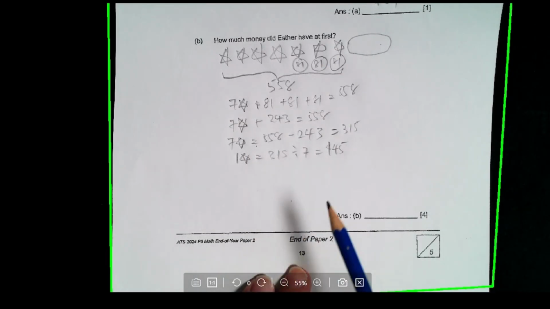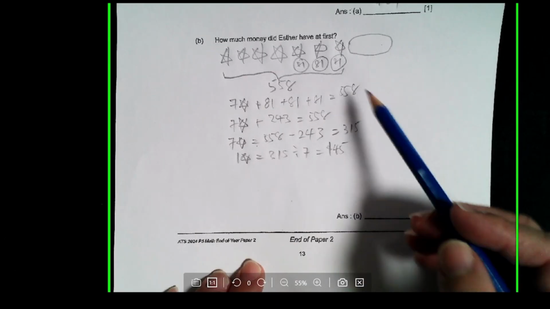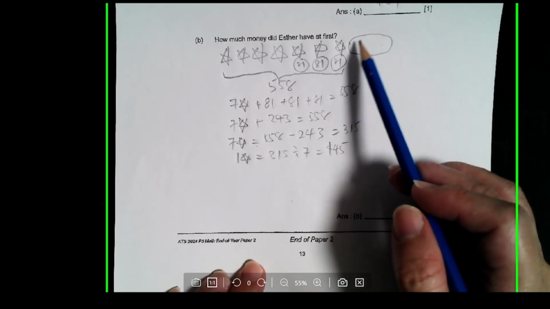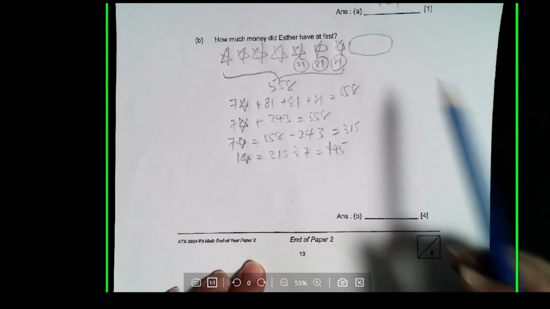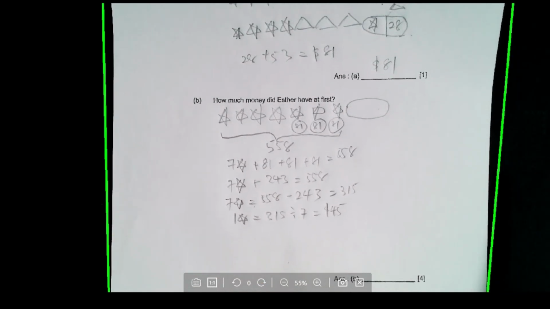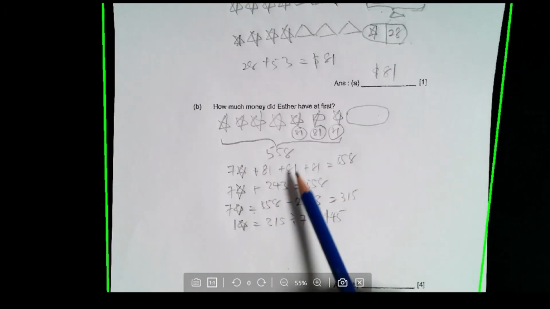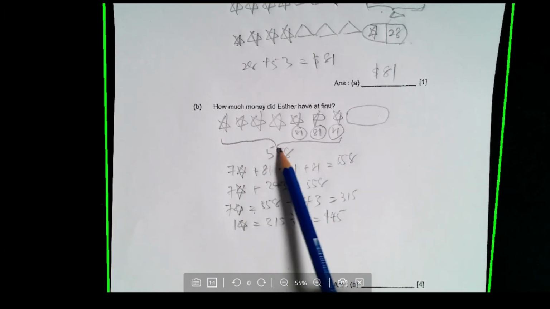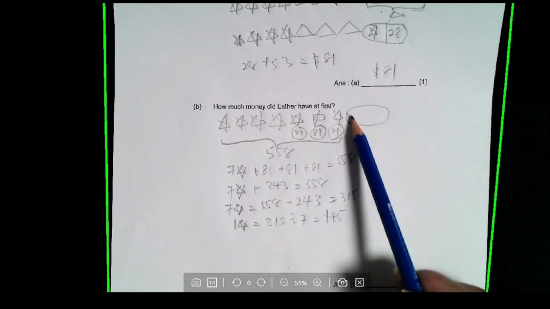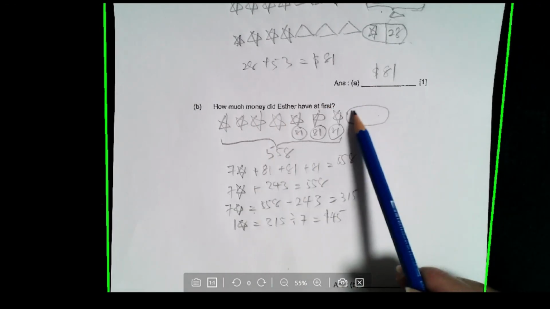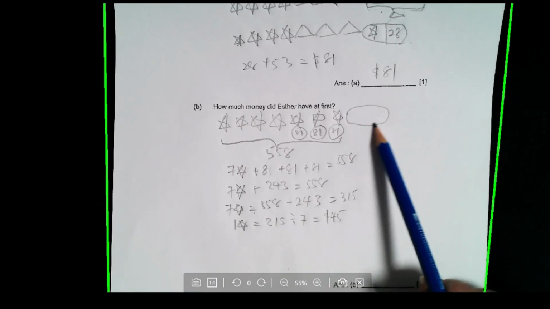This amount of money, the remainder now, to buy a dress, she was short of 53. We know that this whole thing is 558, right? This whole thing is 558. Now we only have this circle to find out how much money it will be.